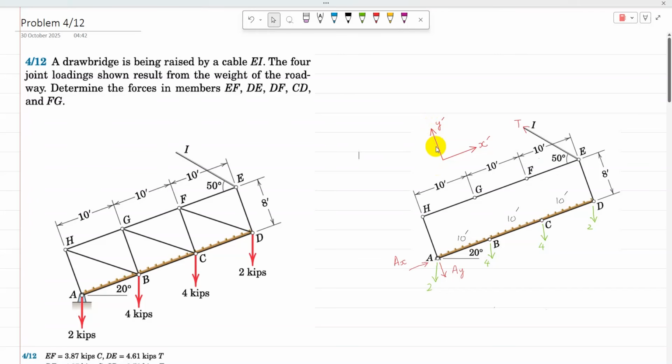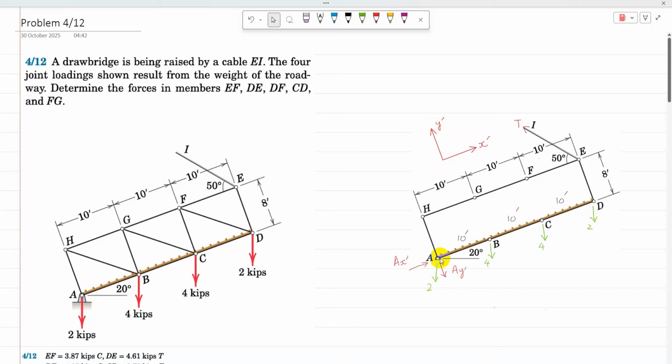In this way, I don't have to find components of the lengths of members AB, BC, CD along global x or y. So the reaction AX is taken along the x prime axis, and AY is taken along the y prime axis.